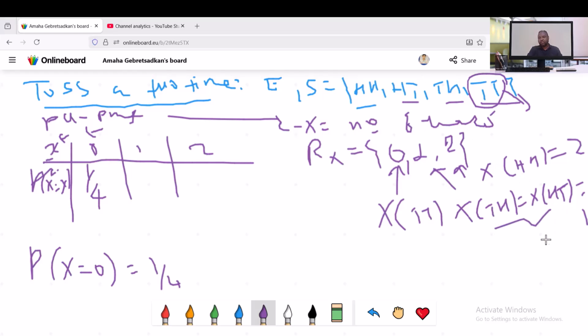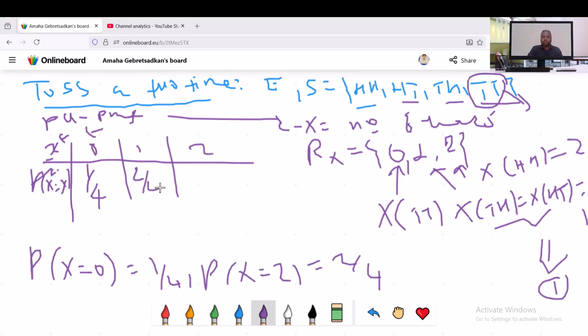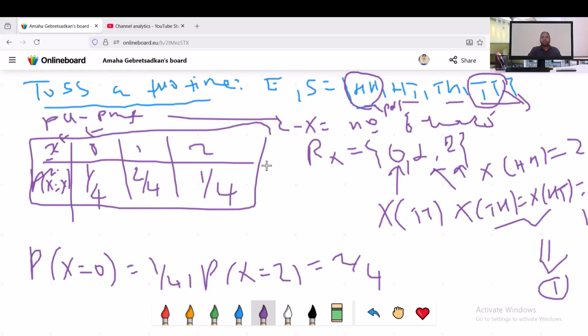Both yield 1. So 2 over 4 or 1 over 2. We do have one actual outcome with two heads, right? This is HH. So this is nothing but the probability distribution for x, where x is the number of heads when tossing a coin twice.